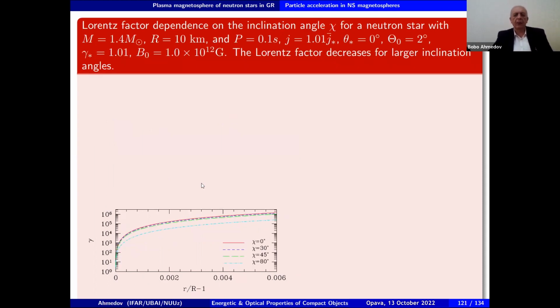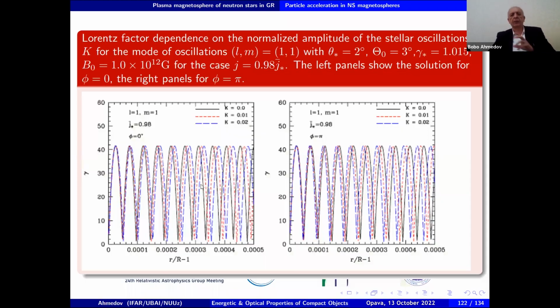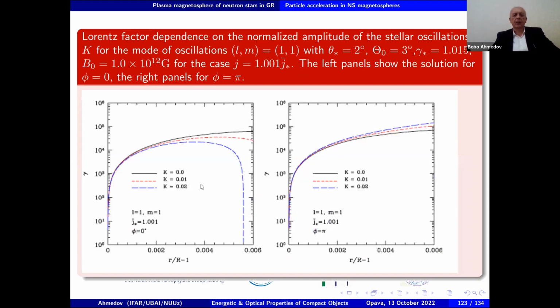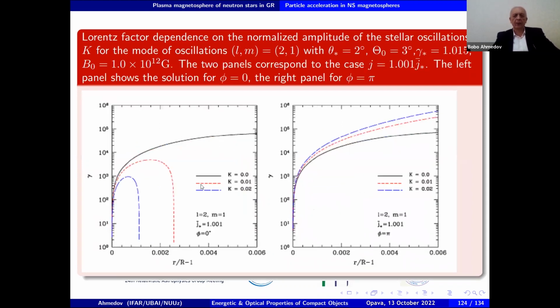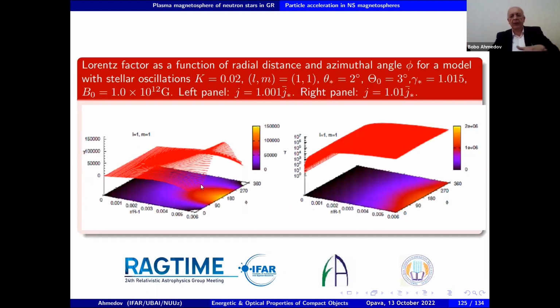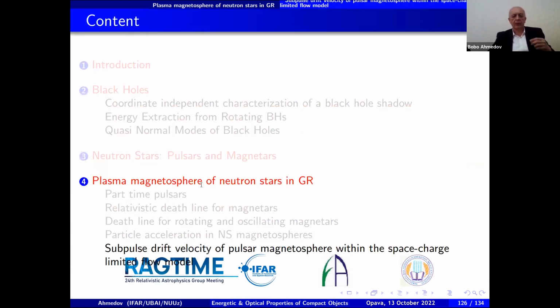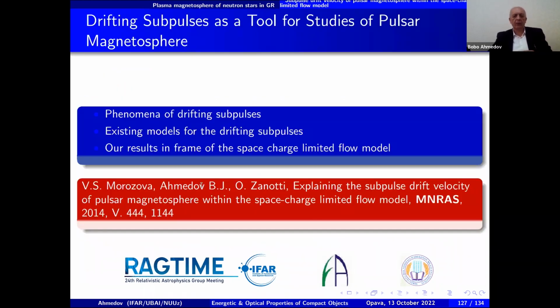Depending on it, we can have a different picture. Particles can be accelerated, or they can be oscillating in the plasma magnetosphere, which was very interesting to apply to a phenomenon called drifting of the subpulses.